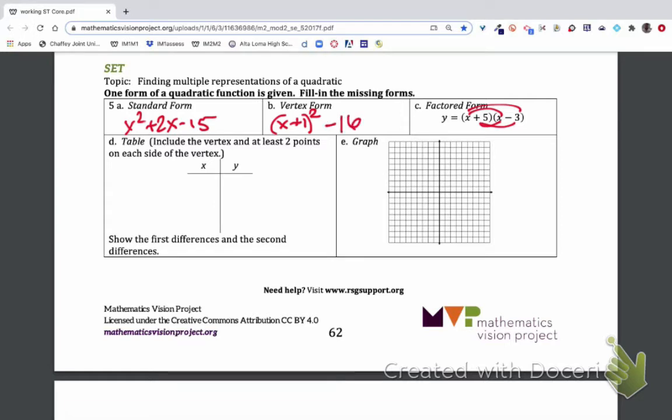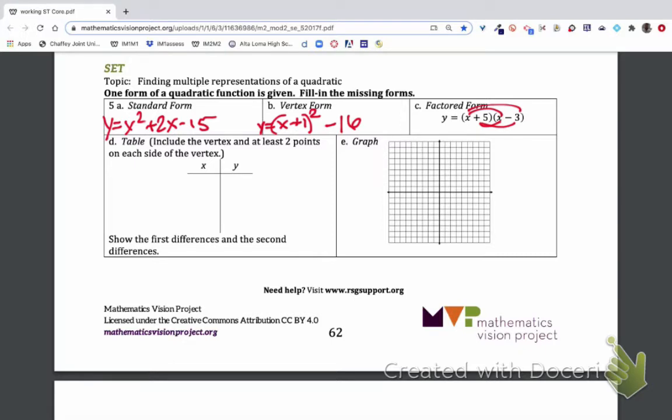So I would end up with y equals (x plus 1) squared minus 16. So then what that tells us is that we have a vertex of negative 1, comma, negative 16.